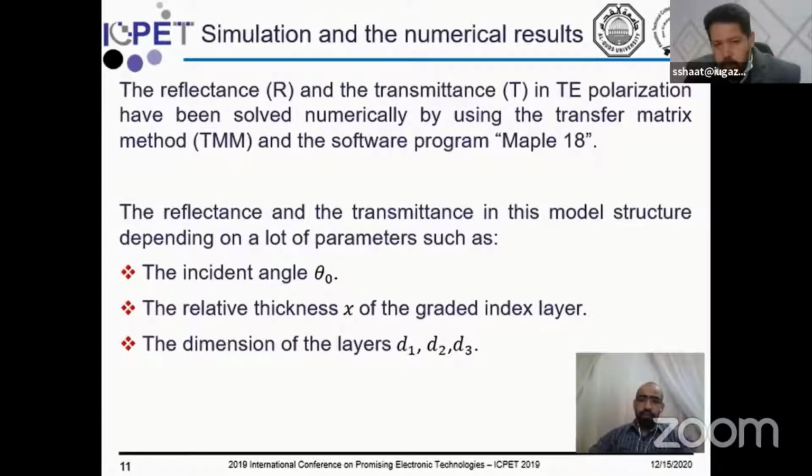The reflectance and transmittance in this model structure depend on a lot of parameters such as the incident angle, the relative thickness of the graded index layer, and the dimensions of the layers, which are D1, D2, and D3.